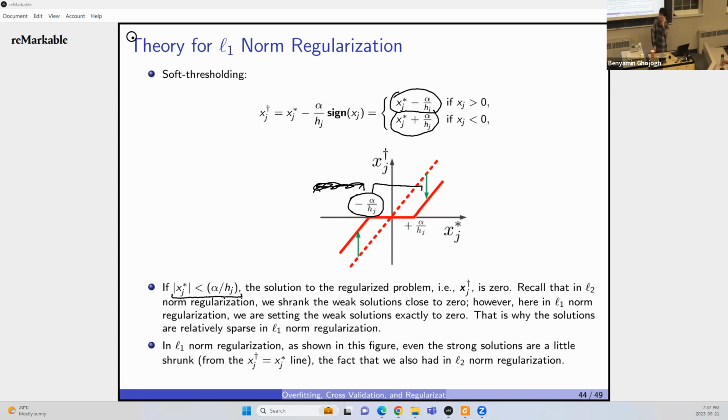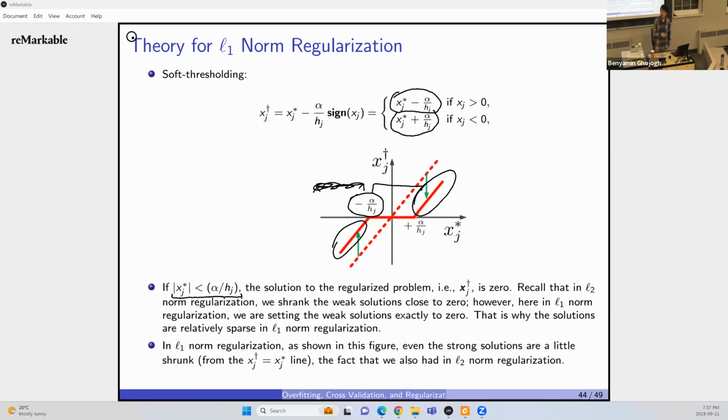This is element-wise, right? For the jth element, we have these d times for d elements. For each element, when that direction is not that important, push it to zero. Otherwise, shrink it. In these regions it is shrinking, but not setting to zero.